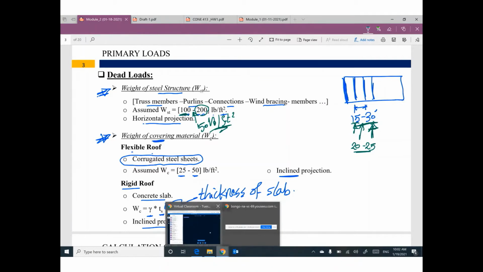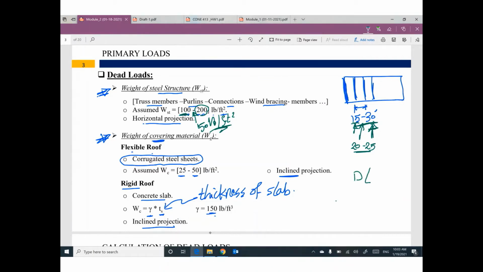So for dead load, we have two weights. The weight of the steel structure itself, main system, purlins, connections, wind bracing, all of this stuff can be called W structure. Covering for the roof will be called WC.